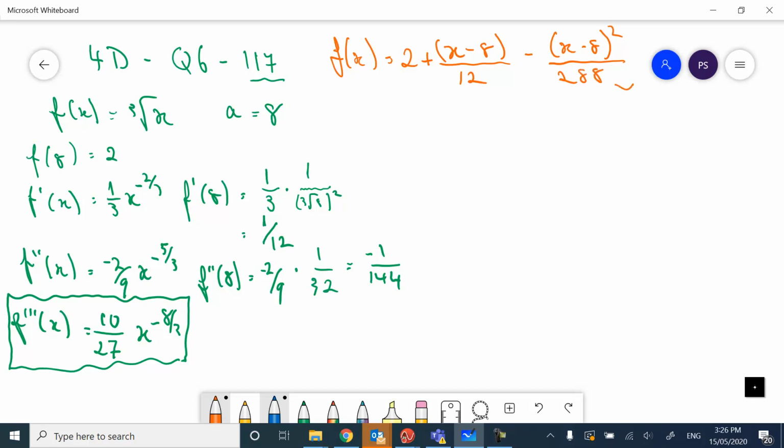So there's my Taylor polynomial around the point x equals 8.